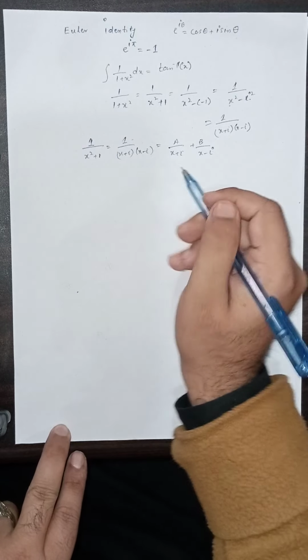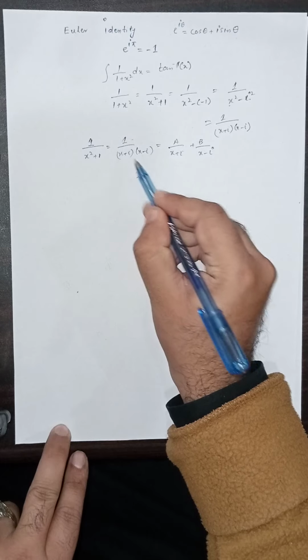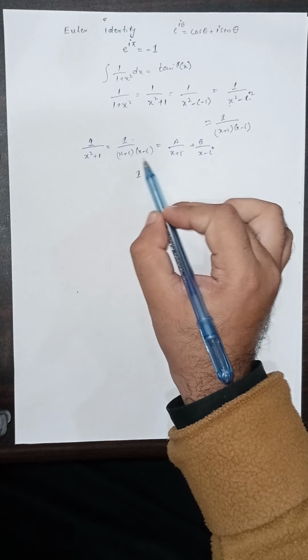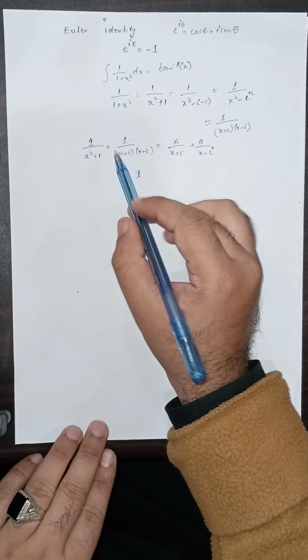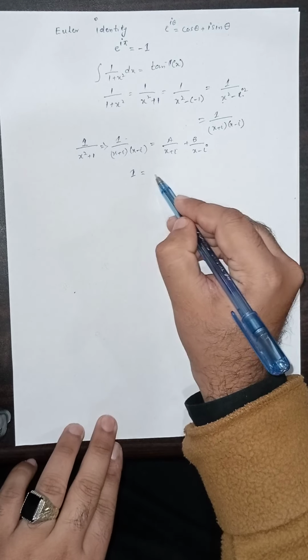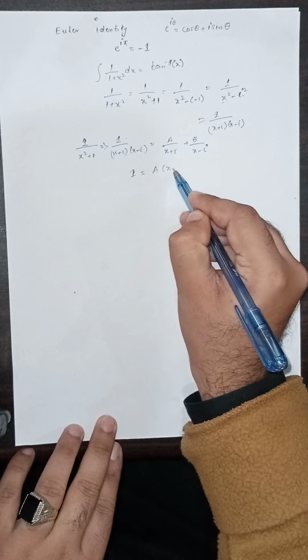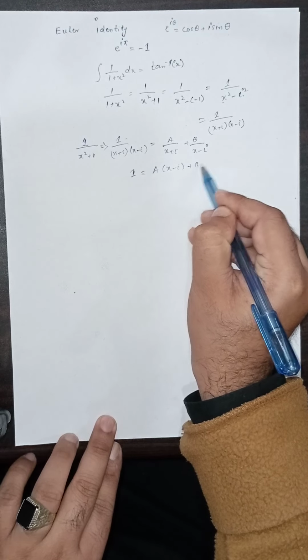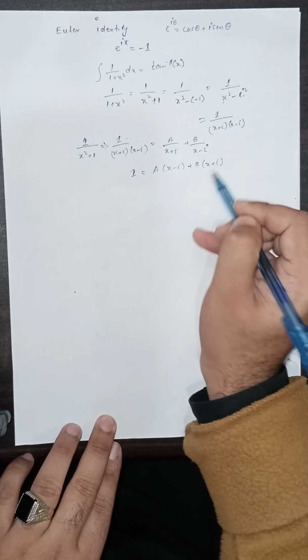So multiply on both sides (x + i) into (x − i), it will be equal to 1 = A(x − i) + B(x + i).